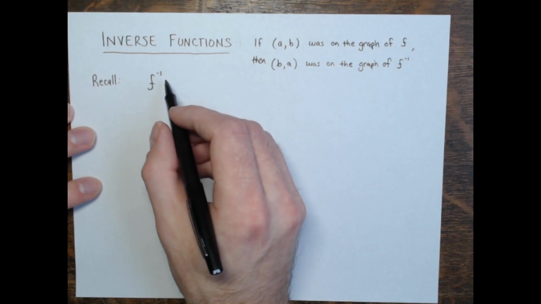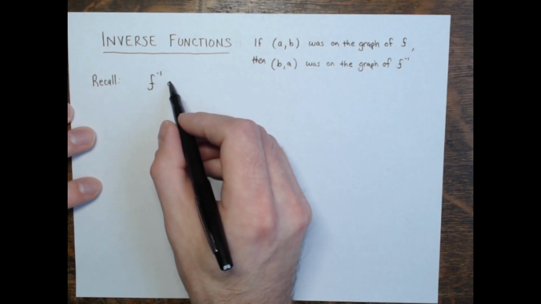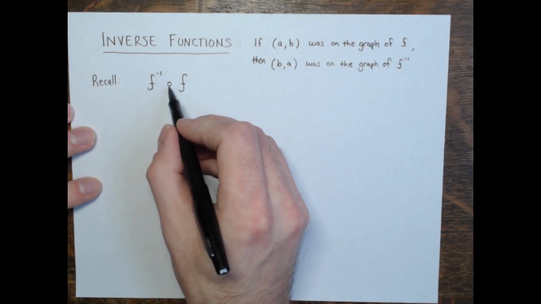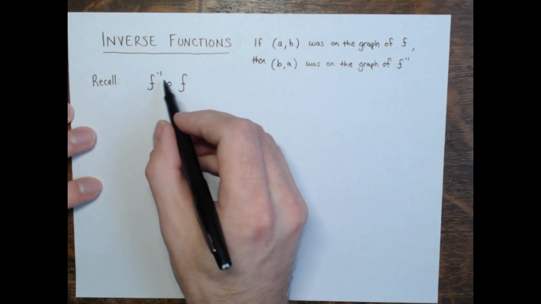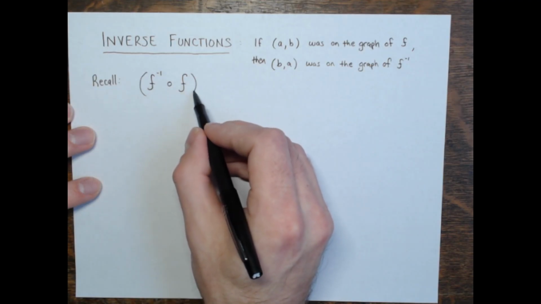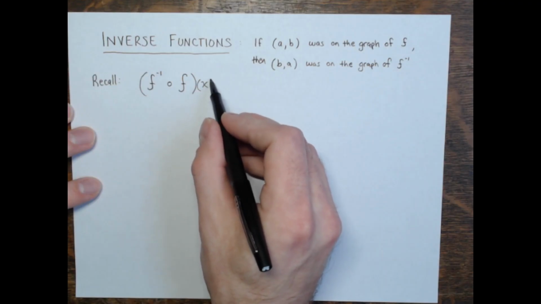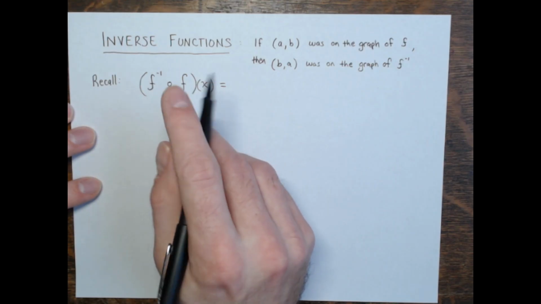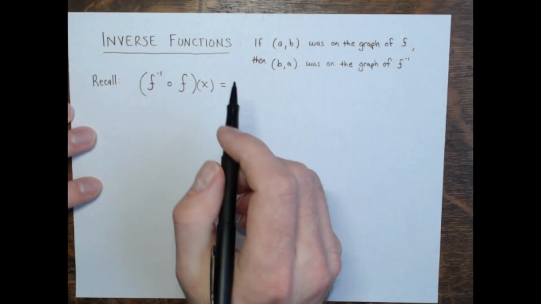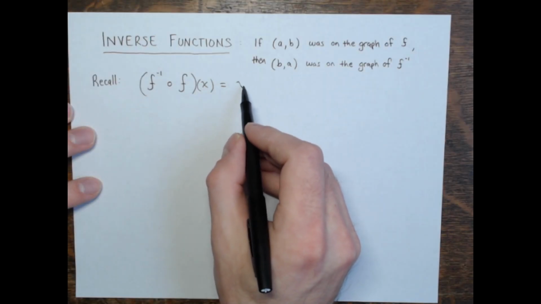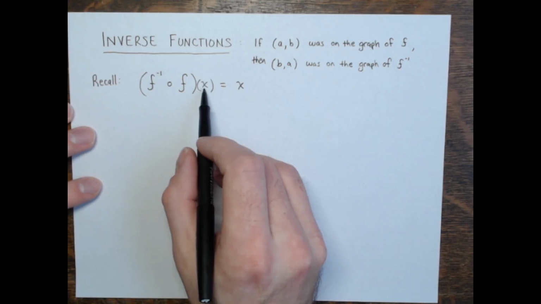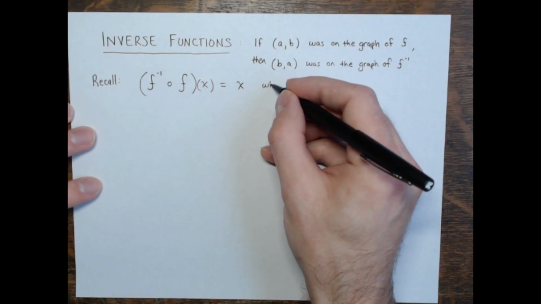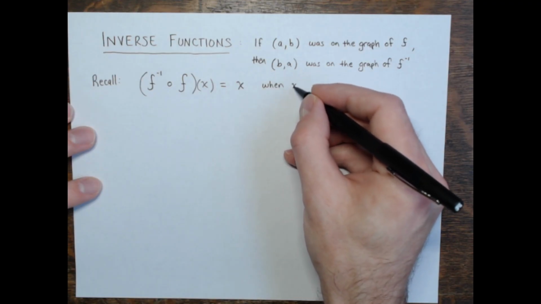So you may recall that when you compose two inverses, so again, say F inverse, little circle here, composed with F of X, they just, again, reverse one another. They undo each other. And you're left with just X. And this, of course, is as long as X is in the domain of F. Make that note.